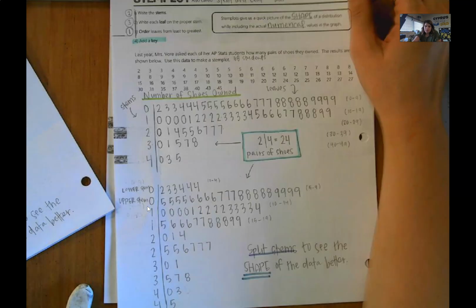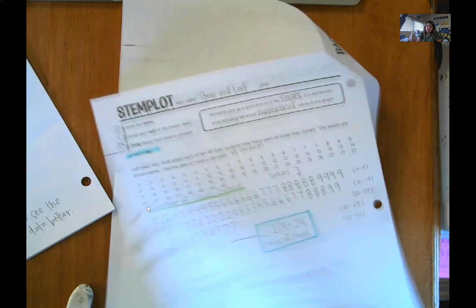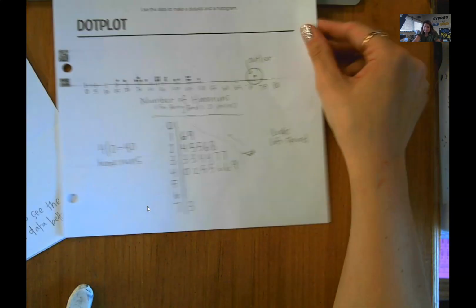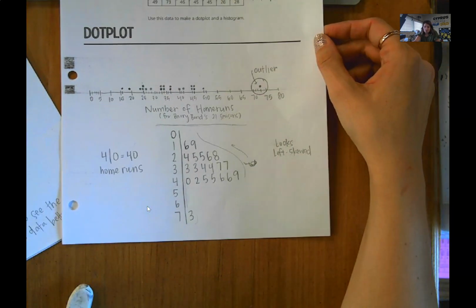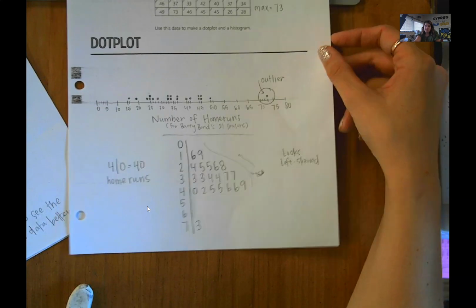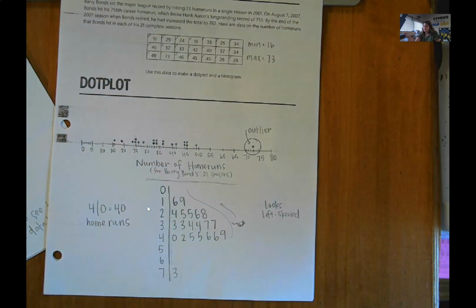Okay, I think that that's it for stem plots. We did the ones on the shoes. I asked you to go back and do the ones for berry bonds. So hopefully you're feeling pretty good about dot plot and stem and leaf. If you're feeling a little iffy on histograms, that's totally understandable.